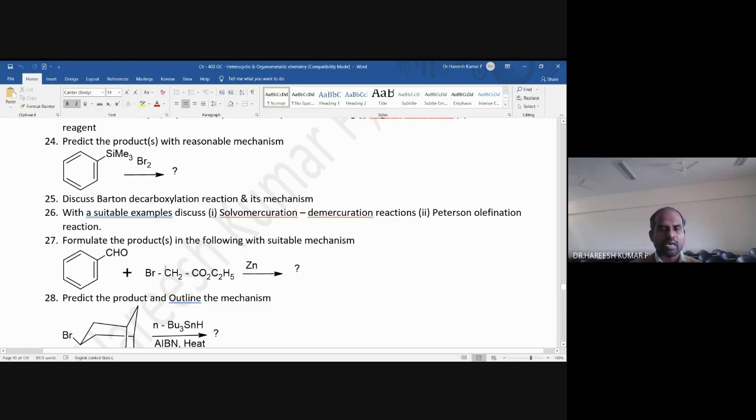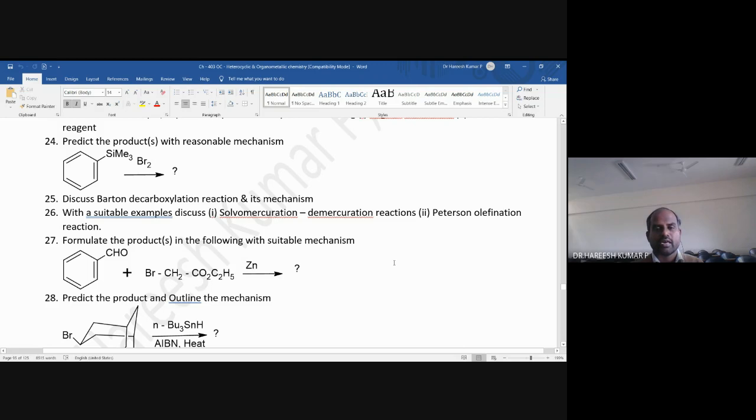At present, in the alpha halo ester, this carbon is electrophilic, whereas there is a bond formation between the zinc and this carbon. That time this carbon acts as a nucleophile. Then this will attack this electron deficient carbon. Okay, this reaction is called Reformatsky reaction.